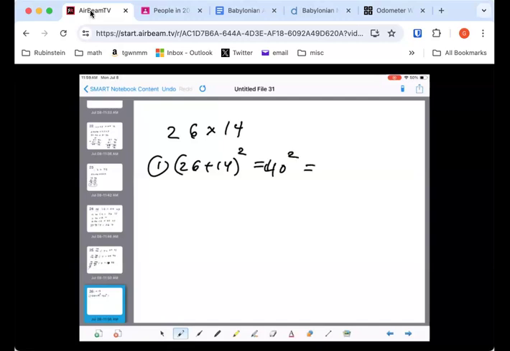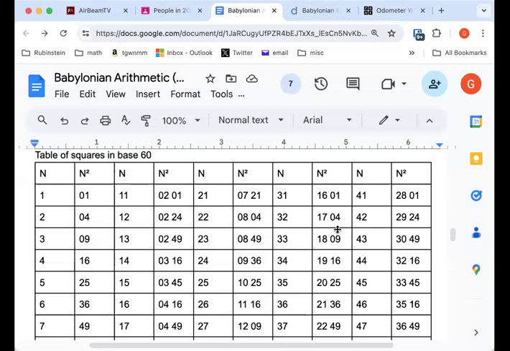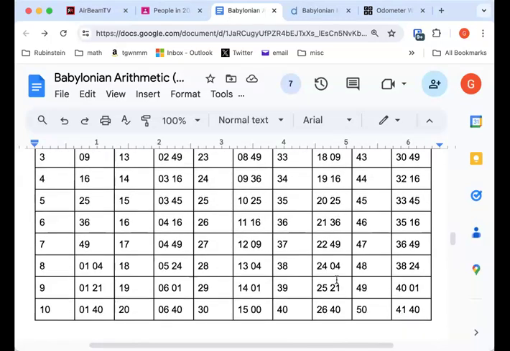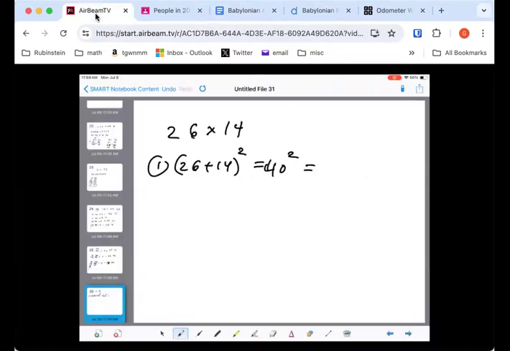So 26 plus 14 is 40. And on the table of squares, 40 squared is 2640. That's their way of saying 1,600.